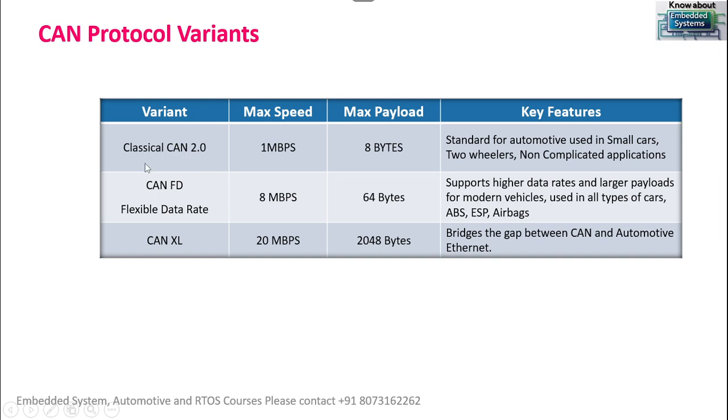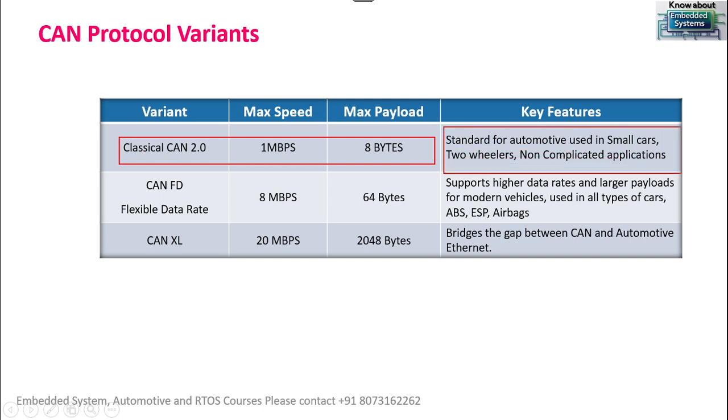So this CAN is nothing but a standard CAN. You can see here what the speed and the payload are. With classical CAN, also called standard CAN, the speed goes up to a maximum of 1 Mbps, and you are able to transmit up to 8 bytes of data. And what type of applications are you going to use it in?